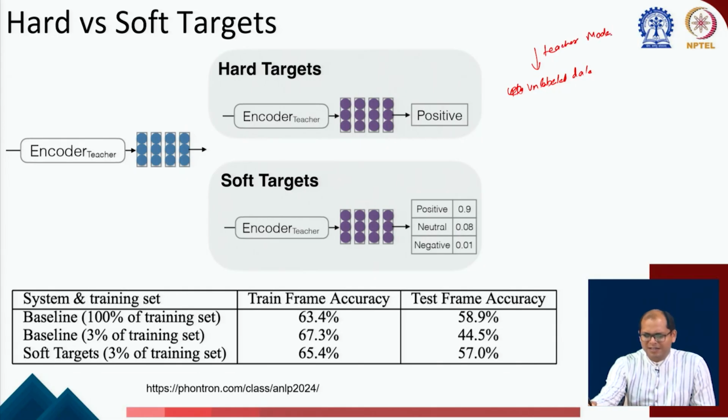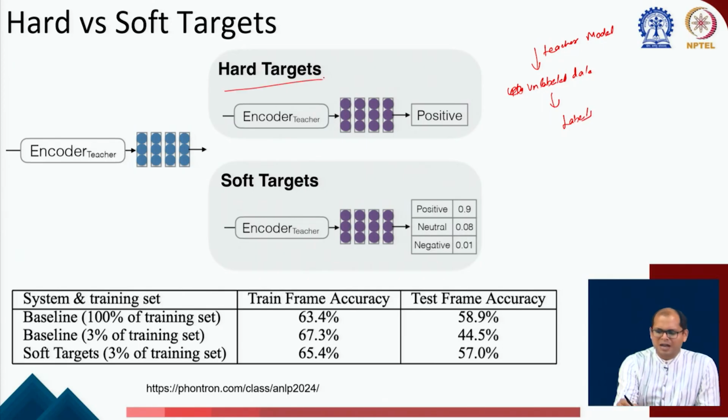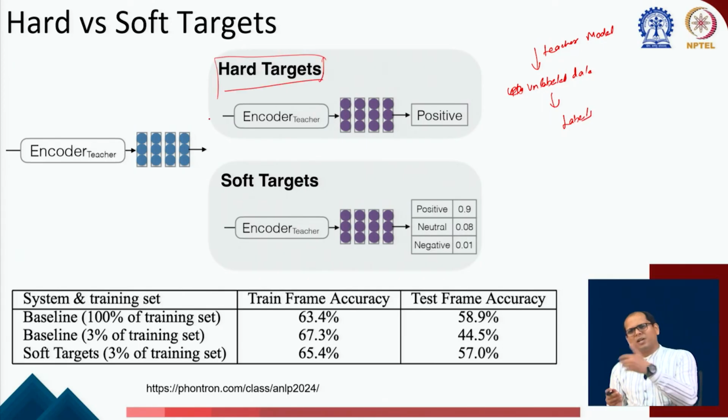You can generate the labels, and this is what is called the hard targets. And the student will try to mimic these hard targets, right? So I give a sentence, my teacher model will give me a particular sentiment, say positive. Now the student model should be trained such that it gives me the same sentiment class. That is called hard target.